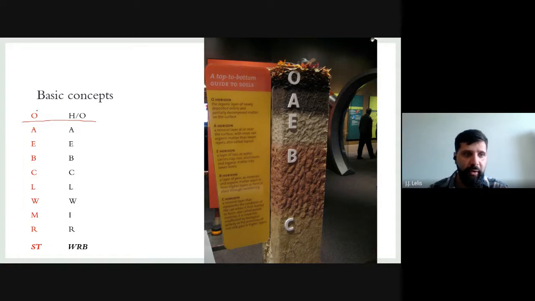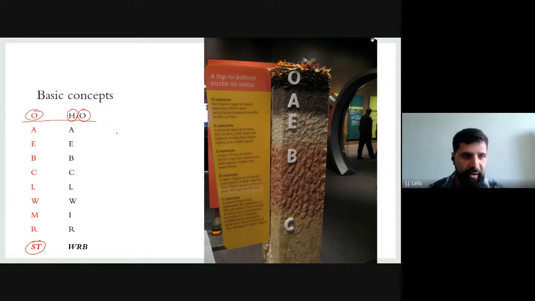That is the O horizon or layer according to Soil Taxonomy, and according to WRB, the World Reference Base for Soil Resources, we have two options of organic horizons and layers: the H and the O horizon or layers.